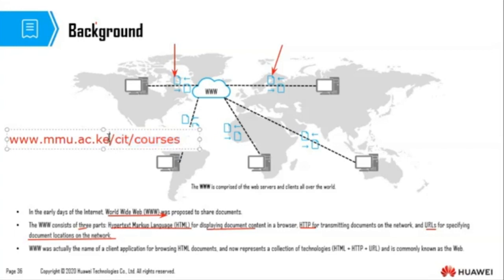So the domain name is actually the name of the server that you want to access. And it's normally translated into a public IP address by the domain name server, which you're going to look at just now. Okay. What else is here? www was actually the name of the client application for browsing HTML documents and now represents these three technologies and is commonly known as the web.